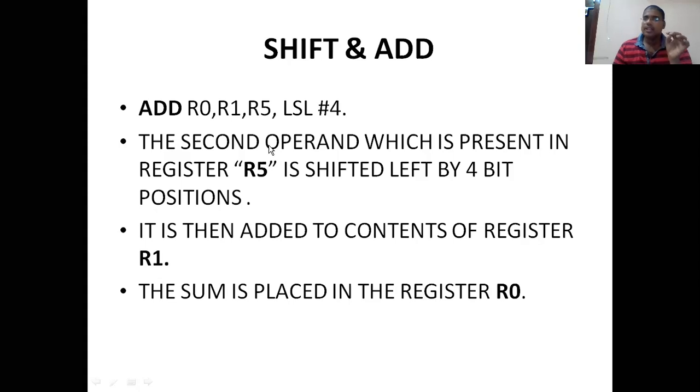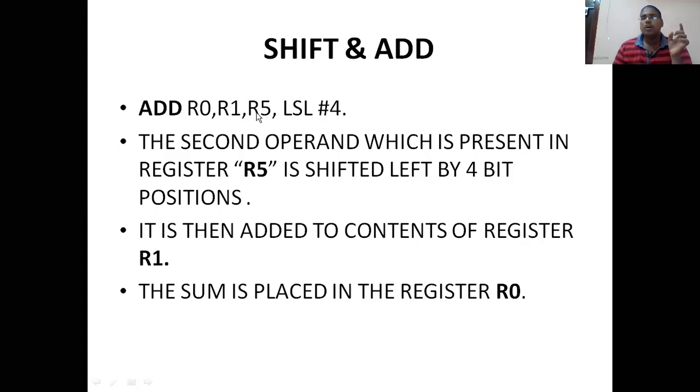So if you observe carefully, what does this mean? Add r0, r1, r5, lsl #4. That means first we need to take the r5 register and shift its contents left.